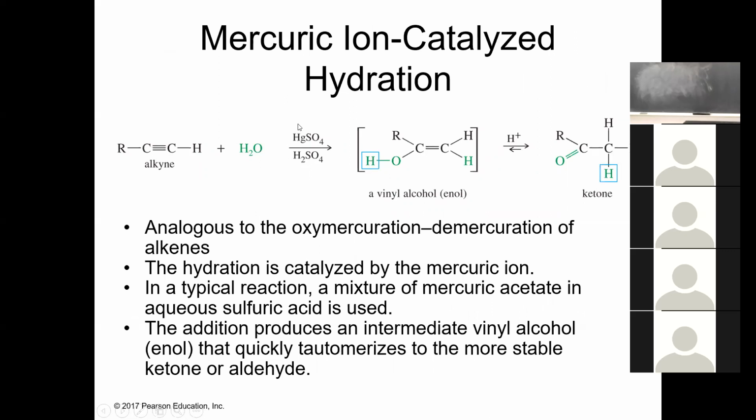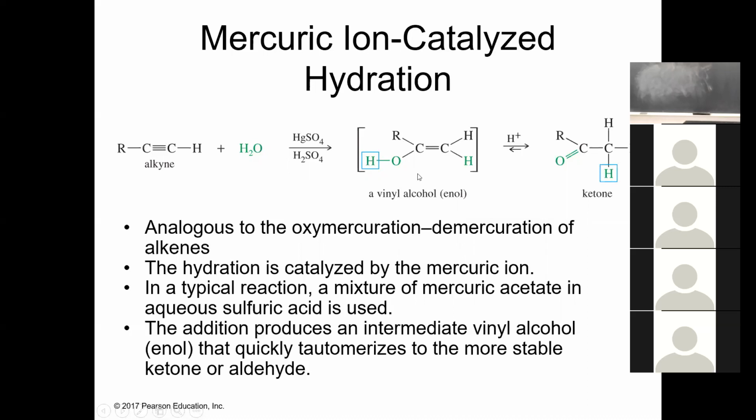Okay, if we're adding water to an alkene, we'll add H to one side, OH to the other. That's what we have here in brackets. This follows Markovnikov's rule. Carbon number 1 is richer, so that gets richer.